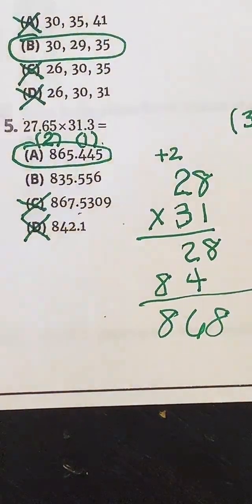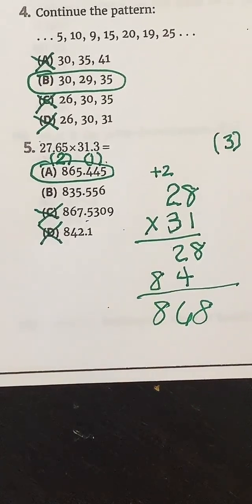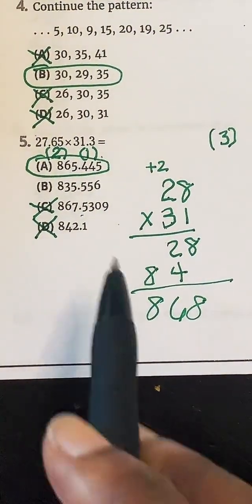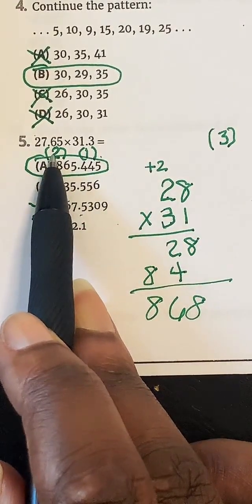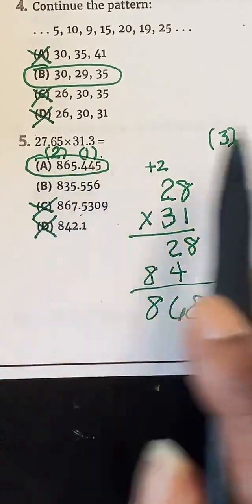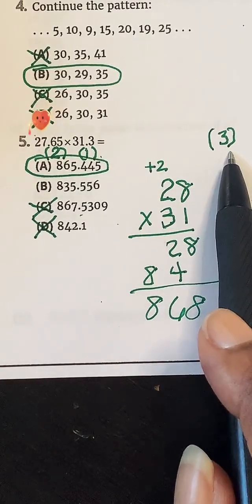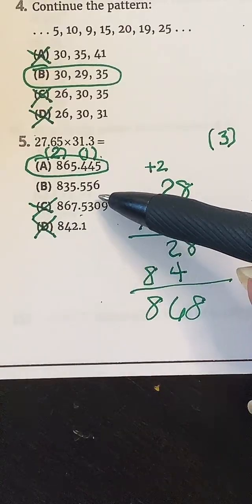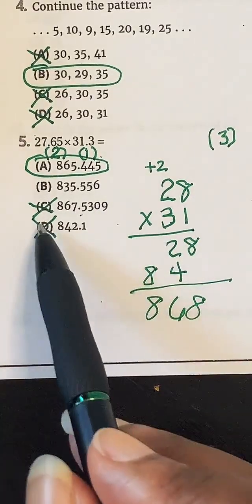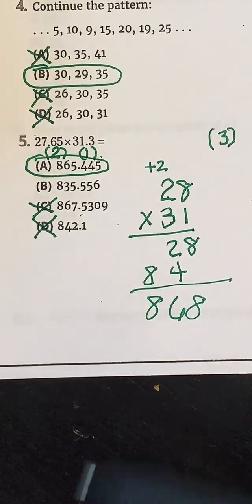Sorry, let me slide over. So all you did, first, check out your decimal places. This has 2 decimal places. This has 1. So your answer should have 3 decimal places. That's how you can do your elimination. So C and D were out.